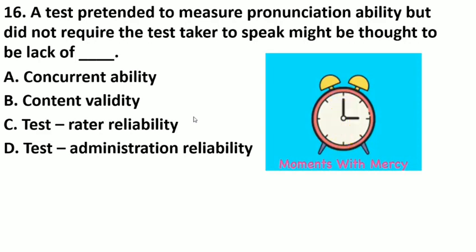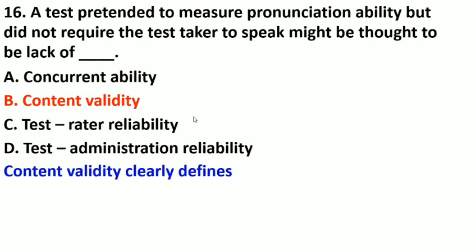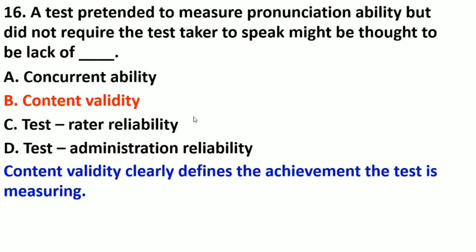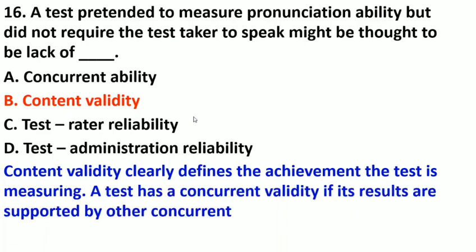The correct answer here is option B. Content validity. Content validity clearly defines the achievement the test is measuring. A test has concurrent validity if its results are supported by other concurrent performance.